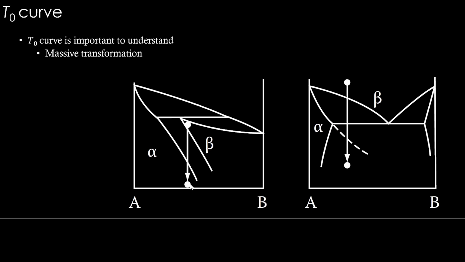It's more like cooling it rapidly. If you do that, then beta will transform to alpha at that temperature. That microstructure will be different. I mean, the phase is still completely alpha, but the microstructural morphological features or the grain sizes will be different.